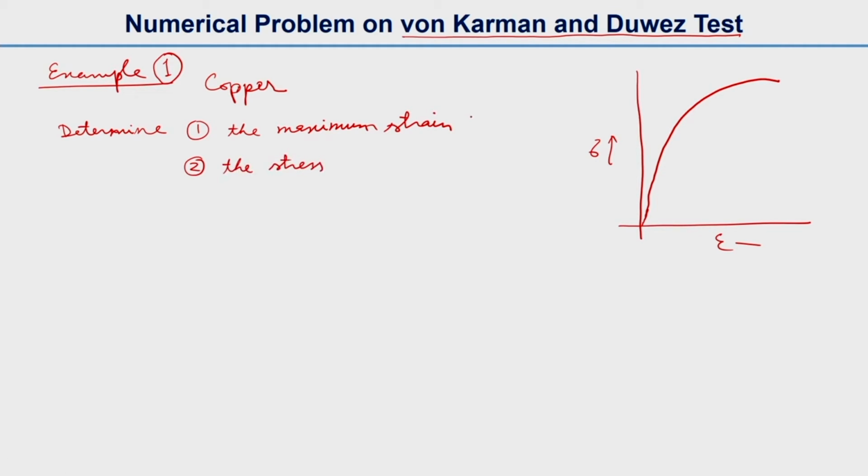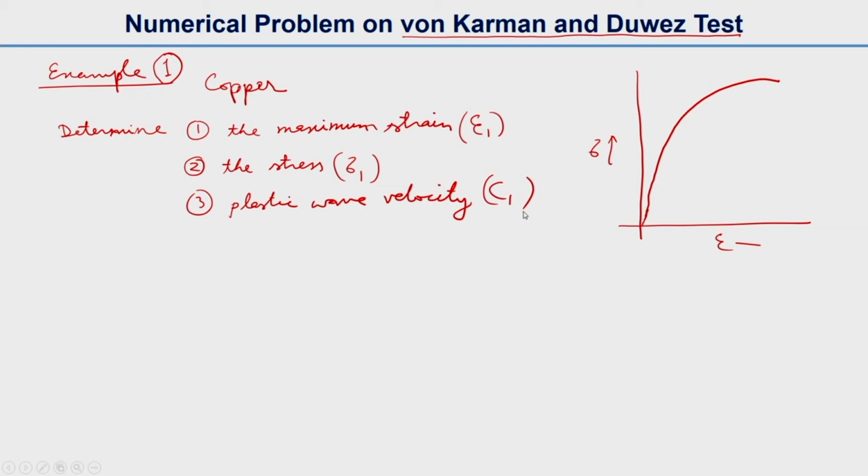The maximum strain, as we know, we write as epsilon 1, and here it's sigma 1, and we need to get the plastic wave velocity, which we denote as C1. C naught is for the elastic wave velocity. So these three we need to find out as a function of the impact velocity.